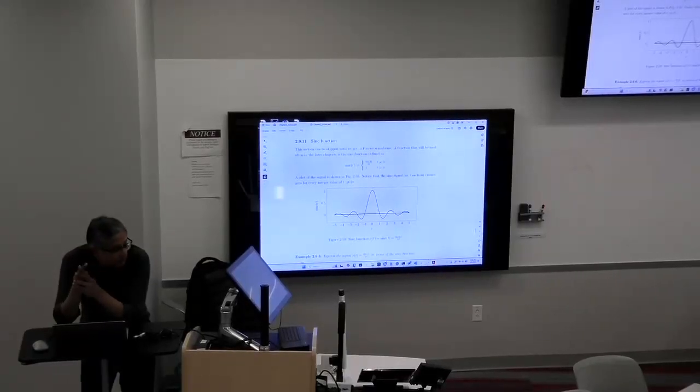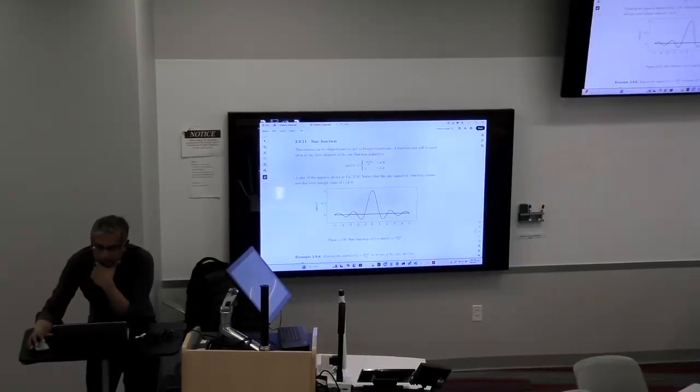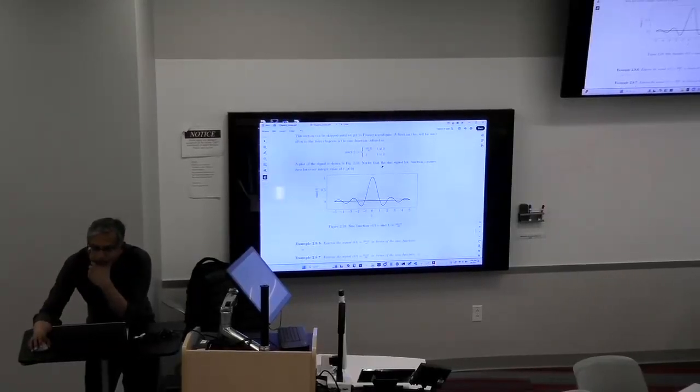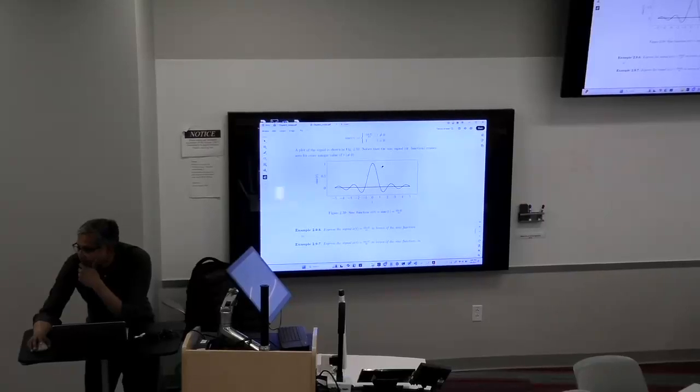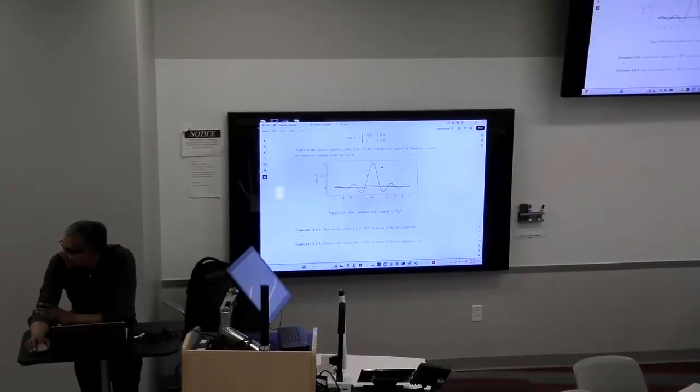When t is 1, I get sine pi, which is 0. T is 2, sine 2 pi is 0. So all integer values of t are going to give me a sinc of 0. So keep that in mind. Sinc t crosses zero at every integer multiple. Now this sinc function is going to show up many times over the next few weeks.